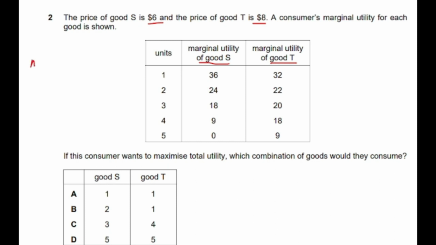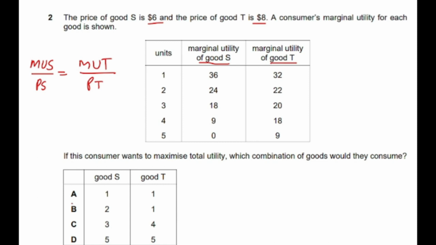Keep in mind, marginal utility theory suggests that utility is maximized at a point where the marginal utility of one good, that is S, divided by the price of S, is equal to the marginal utility of the second good, that is T, divided by the price of T. Where this condition is satisfied, that answer will be correct.